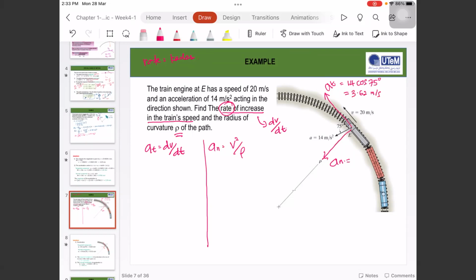And then A normal is 14 sin 75 degrees. That is 13.5. Okay, so 13.5 meters per second squared.